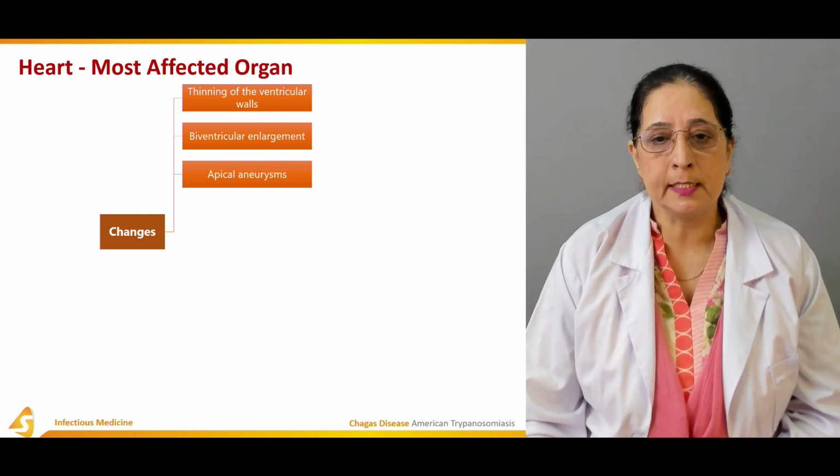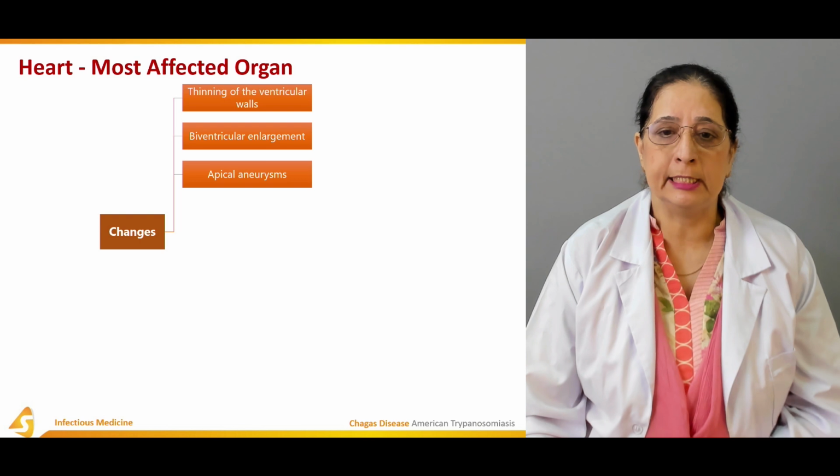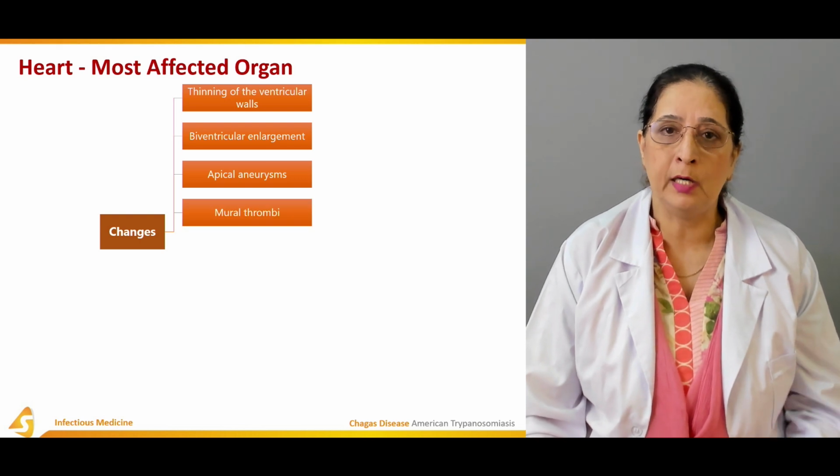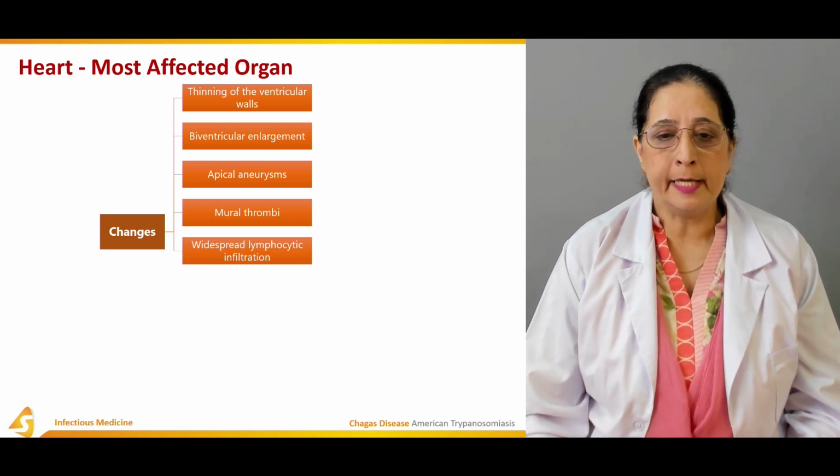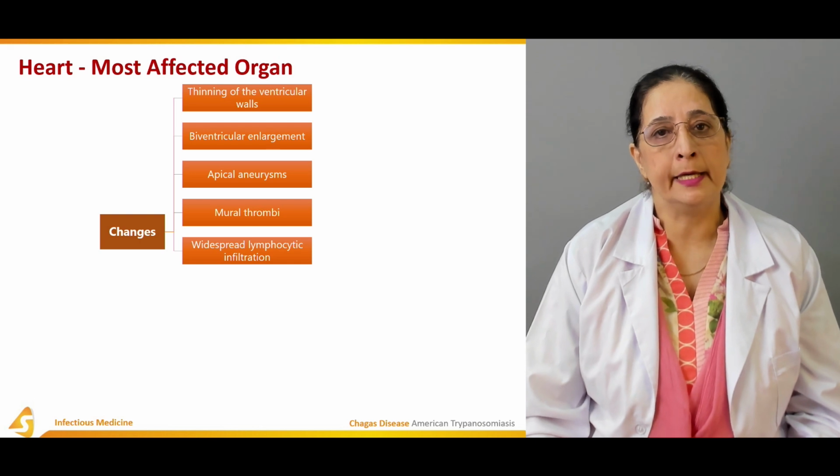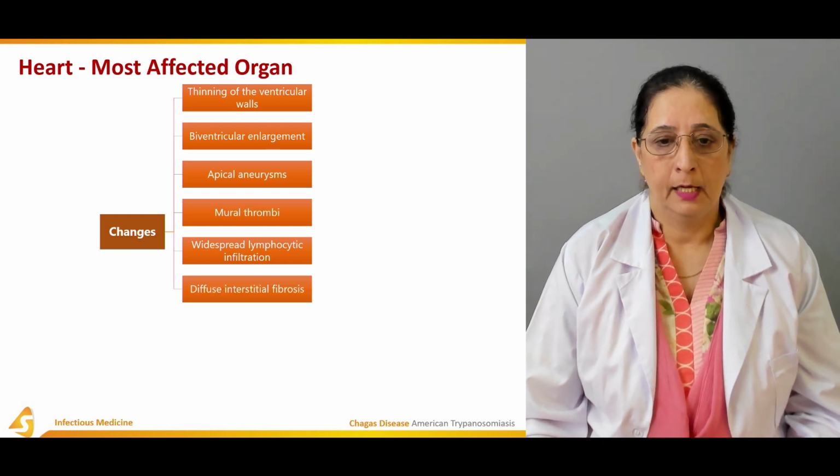Apical aneurysm. Aneurysm is a dilatation. Mural thrombi. Widespread lymphocytic infiltration.